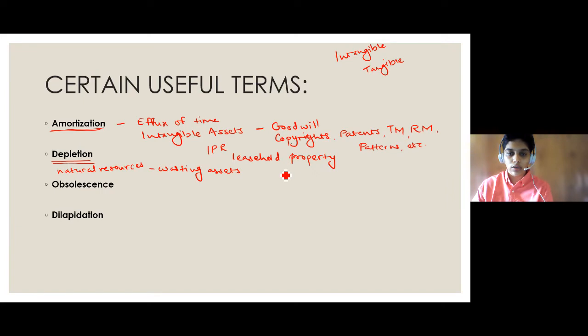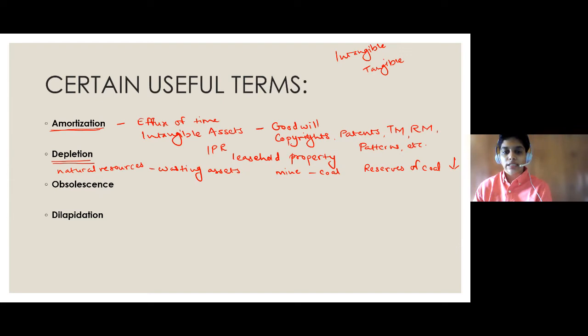For example, if there is a mine, and this mine is a coal mine to be specific, whenever you take coal out of this mine, whatever coal is left in this mine, that is the reserves of coal. They will decline every single time you take out the output, because there is only a limited quantity of coal available in the mine.